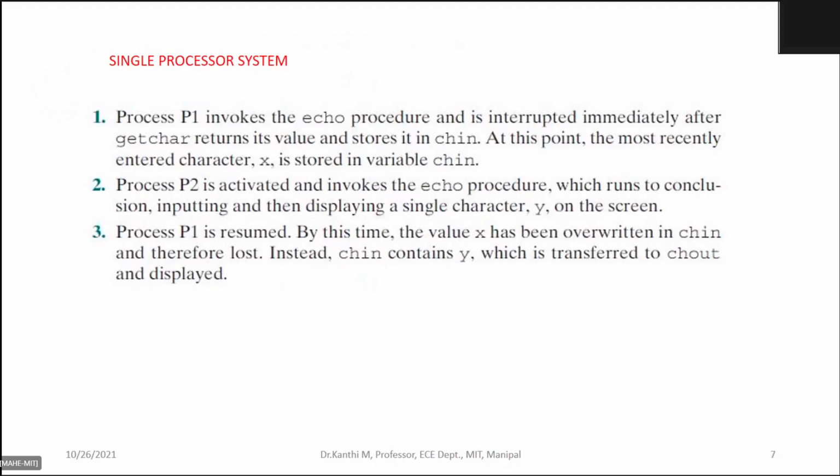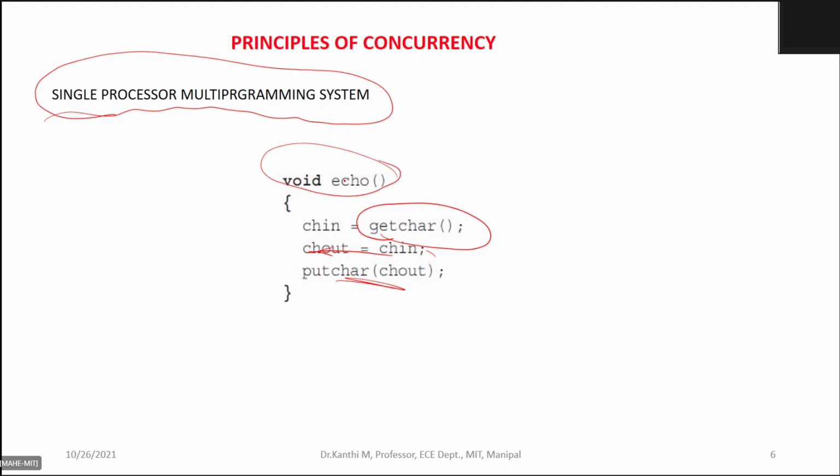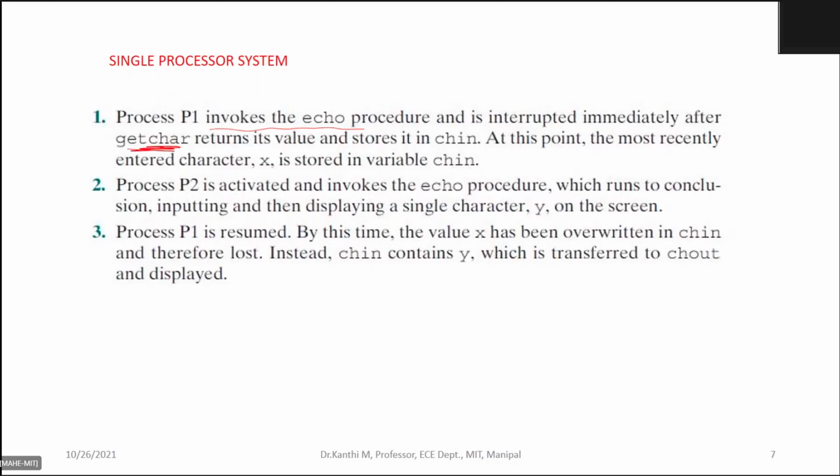So in a single process system, process P1, for example, invokes this echo procedure. Suppose this is my procedure, the procedure echo, and it is interrupted immediately after, say, get character. Suppose a process is running.